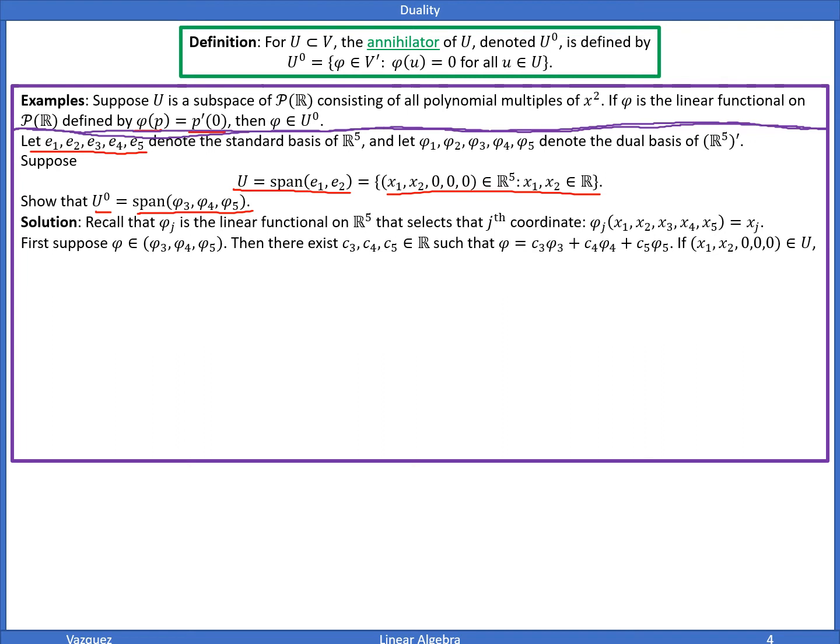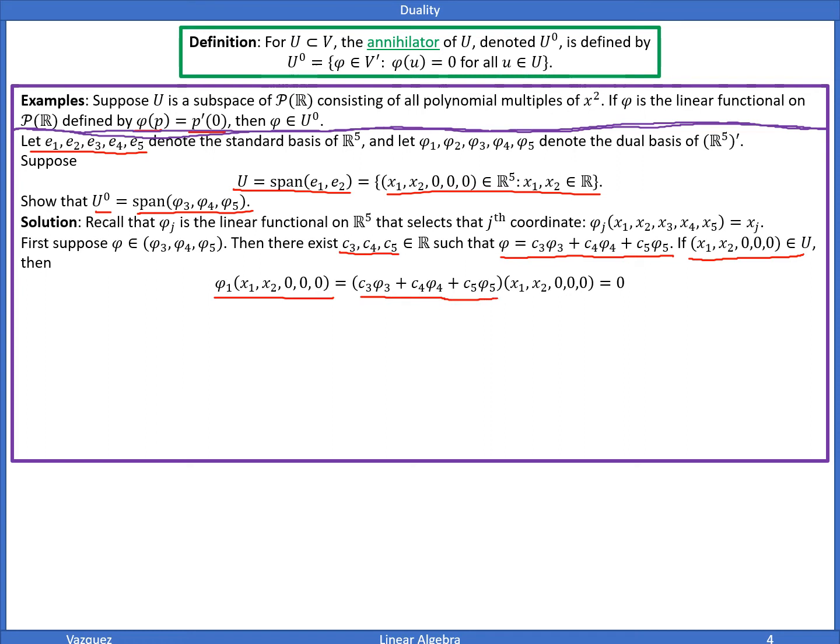So first suppose that phi is in the span of phi3 to phi5, so it's a linear combination of those. Then there exist coefficients c3 to c5 such that phi is indeed a linear combination of those three vectors. Now if x1, x2, 0, 0, 0 is in U, what does that mean? Then phi of x1, x2, 0, 0, 0 is simply equal to this here.